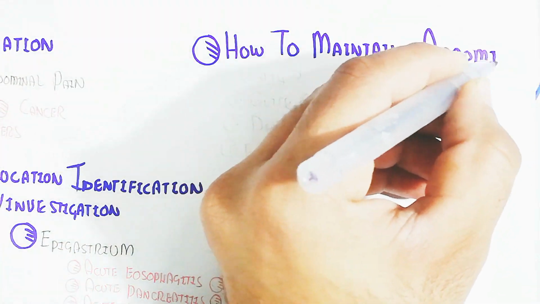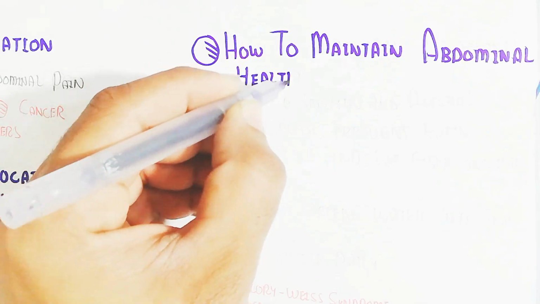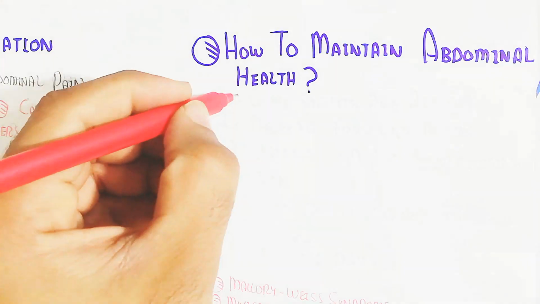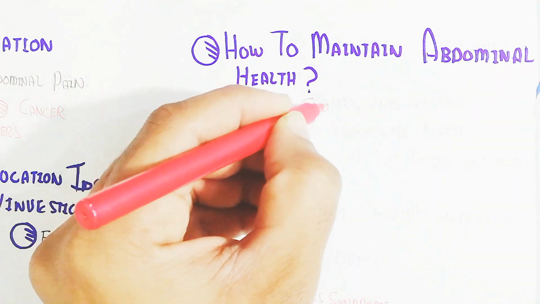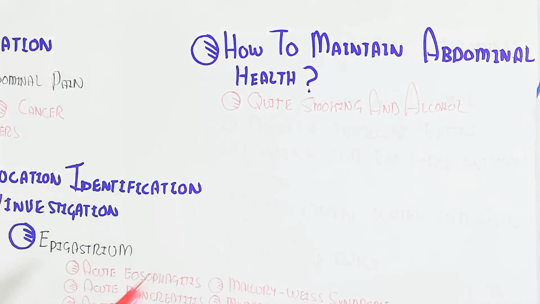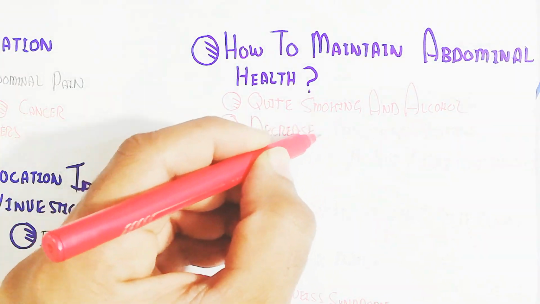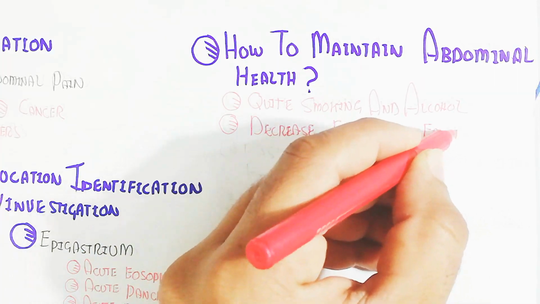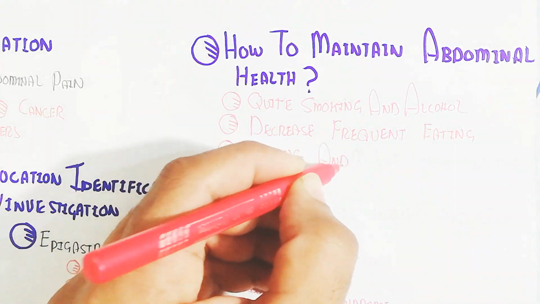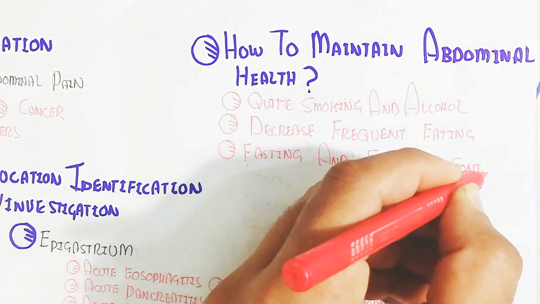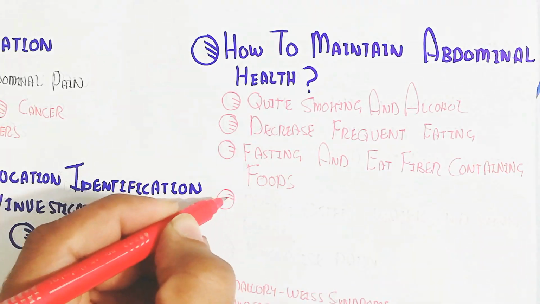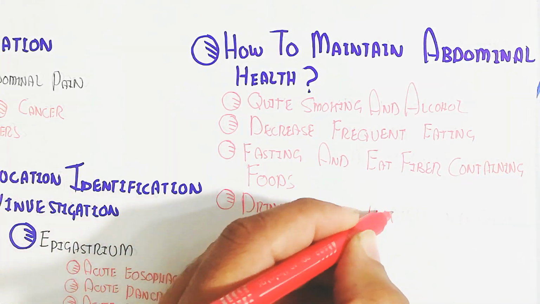prostatitis or prostate cancer. So generally, how do we maintain abdominal health? Quit smoking and alcohol, decrease frequent eating and fasting, eat fiber-containing food, drink water often, and take clean food and clean water for prevention of hepatitis.